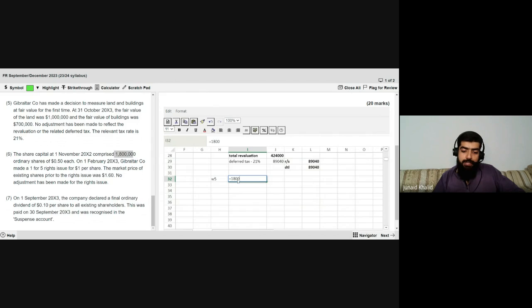The company has decided to issue rights shares at 1 for 5. It means every person who holds 5 shares will get 1 share. So multiply by 1 divided by 5. The company will be issuing 360,000 rights shares.